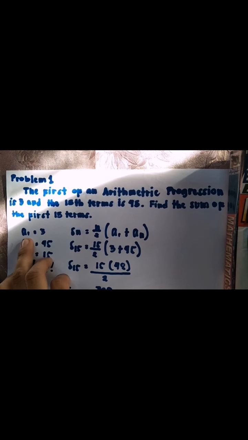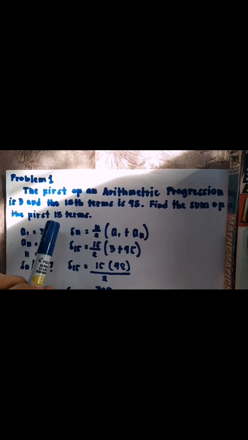So a sub 1 is equal to 3, the last term a sub n is equal to 45, and n is equal to 15, the number of terms.